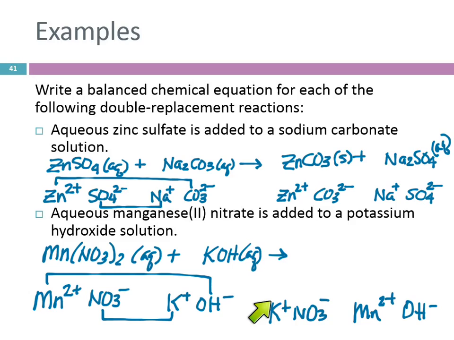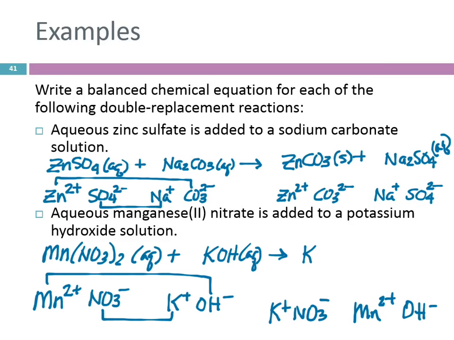Potassium and nitrate. Is this soluble or insoluble? Soluble. That's soluble. Potassium compounds are all soluble. Nitrate compounds all soluble. What about manganese with hydroxide? Not soluble. Hydroxide compounds are insoluble except for the group 1 metals, ammonium, calcium, strontium, and barium.